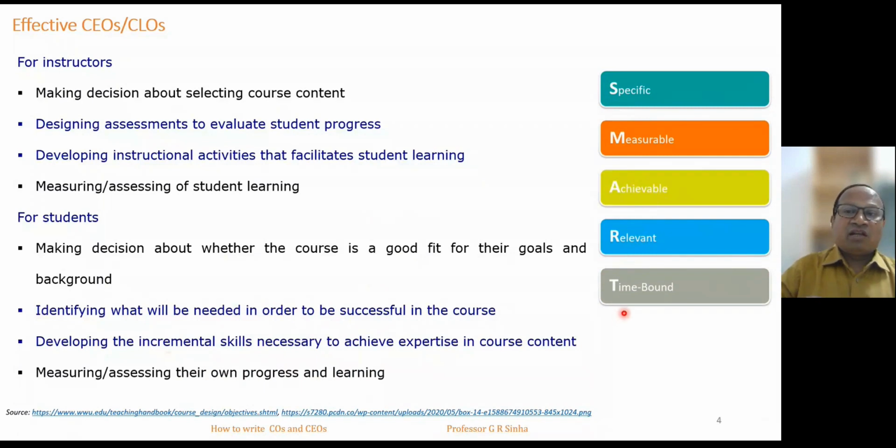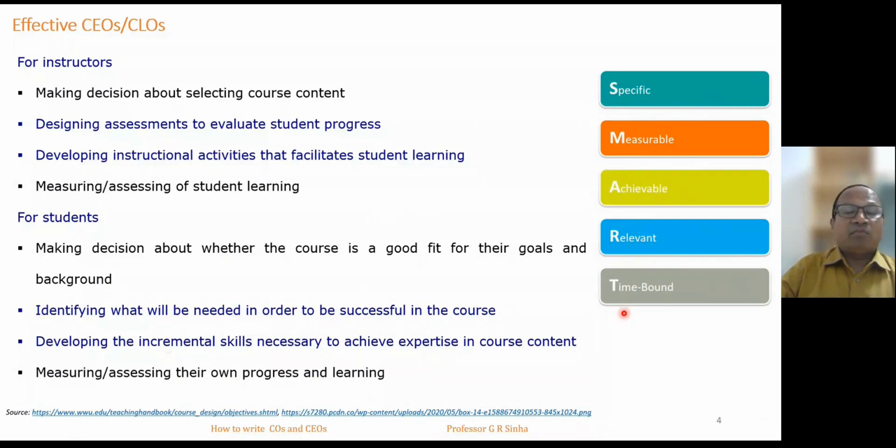So it must be measurable, achievable, doable, result oriented, relevant, and it must be time bound. So when they see the course content, course learning outcomes and objectives, they must see that they are doing this course for 3 months, for 90 days. So in the next 90 days, they will be able to achieve this much. So time and relevance are also very important when we talk about writing effective outcomes and objectives for courses.